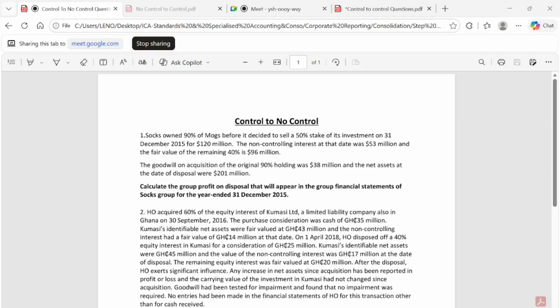The goodwill is 38 million, and the net assets at the date of disposal were 201 million.